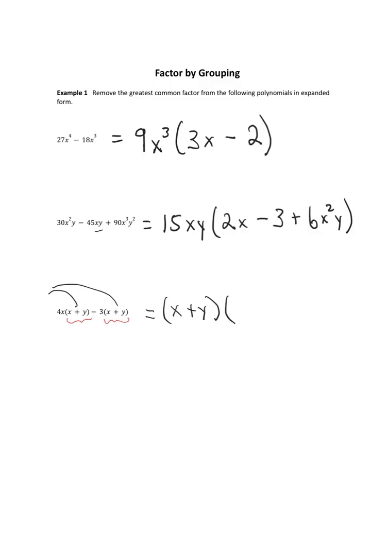So what's left over in each term? Well, you have the 4x and the minus 3. Those are the only two parts left over from each term. So that one looks a little funny at first, but you're just treating that x plus y as a whole quantity that's coming out grouped together in parentheses. And what's left over? Oh, just the 4x and the minus 3.